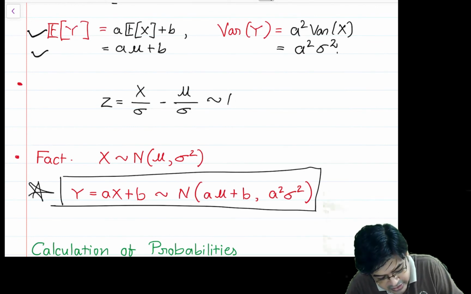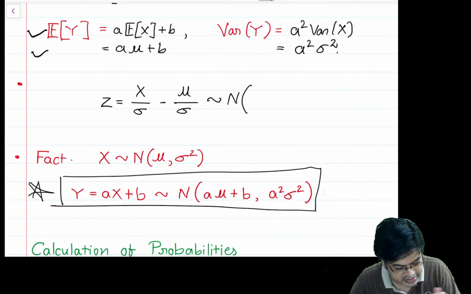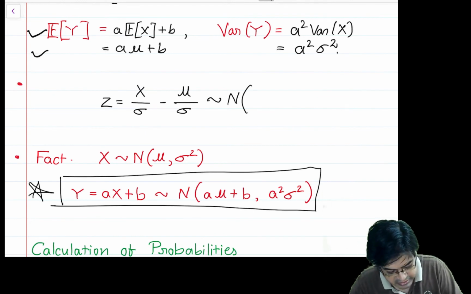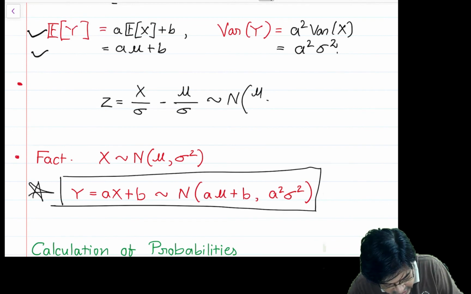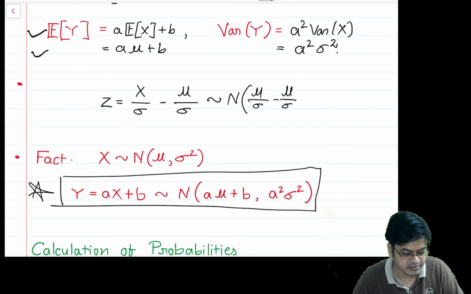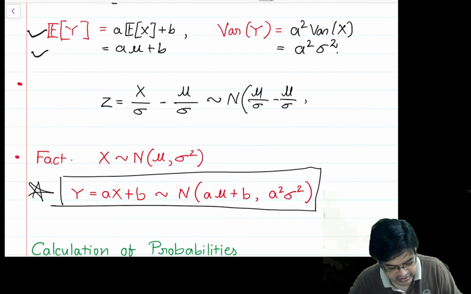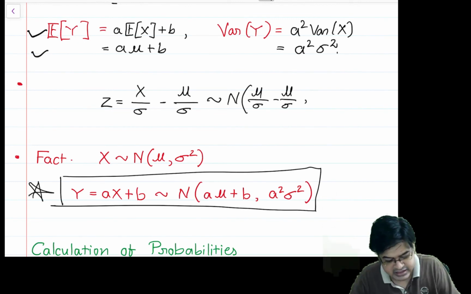It is going to be normal with mean a mu plus b, so mu by sigma plus b, where b is minus mu by sigma, and the other parameter is a square times sigma square.